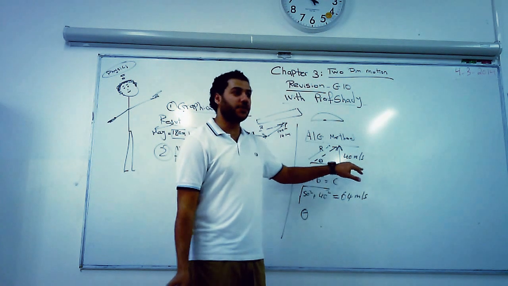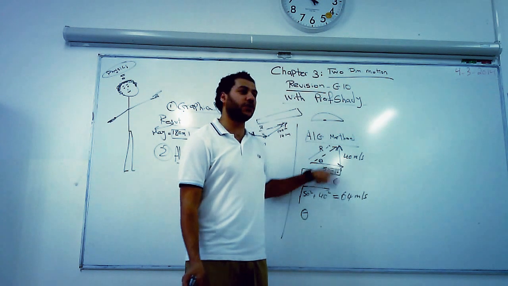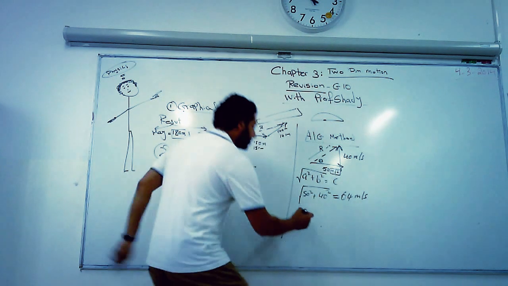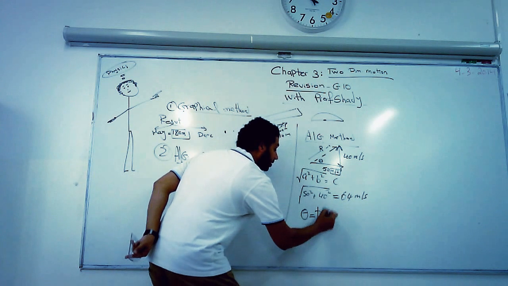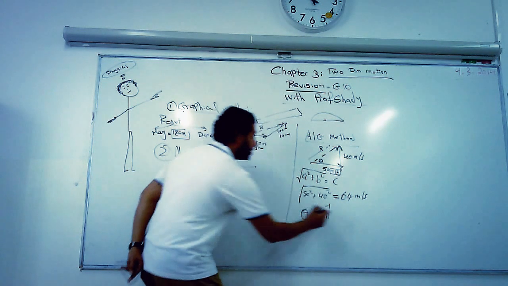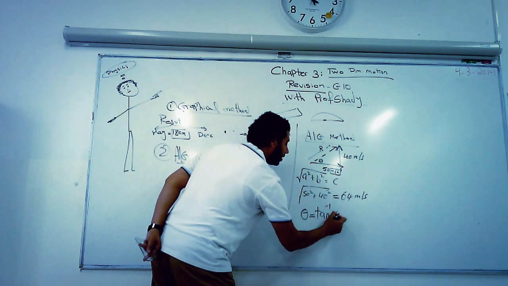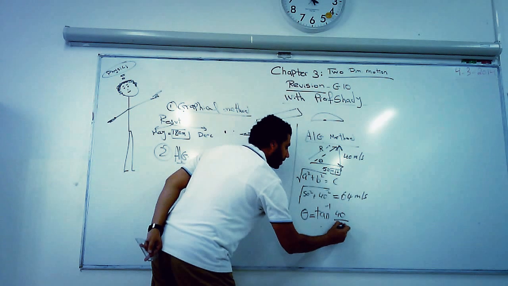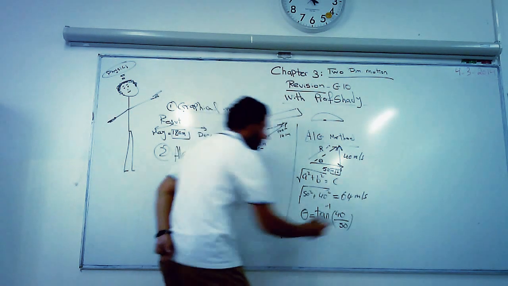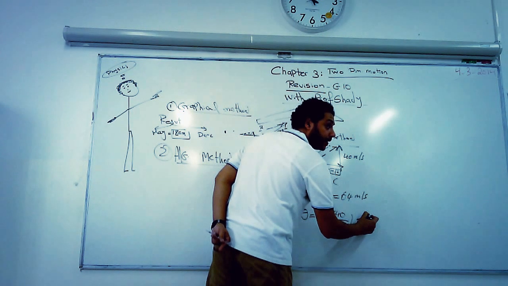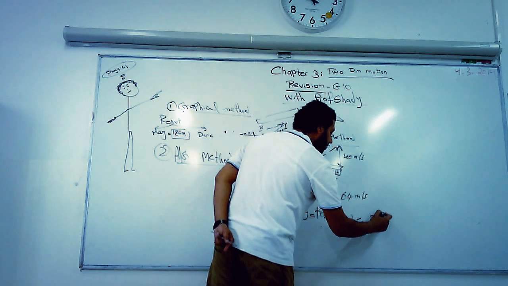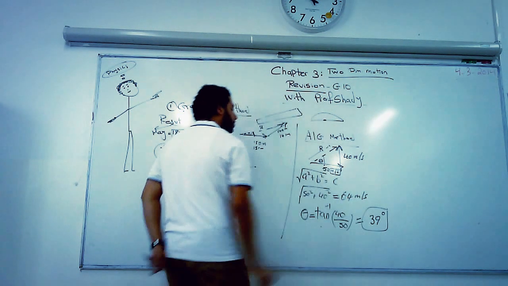The tangent, because we already have 40 and 50, which are the opposite and adjacent. So theta is equal to tan inverse of 40 over 50. So the theta is 39 degrees.